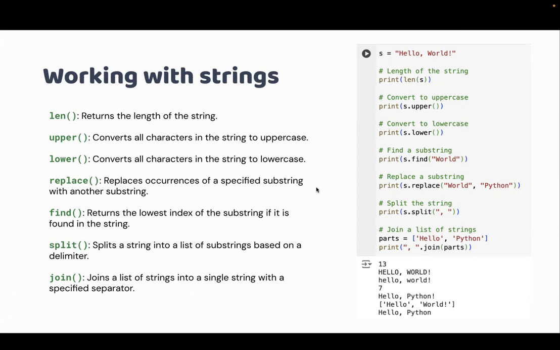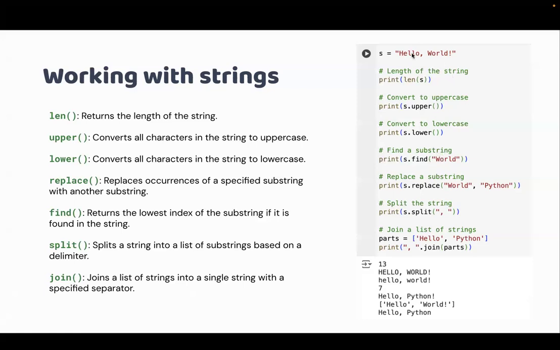And another examples are find and replace. I think I have the find over here first. So if you want to tell what index a character or element in the string is at, we can use find. It will simply return the lowest index of the substring if it's found in the string. If it's not found, I believe it will print out -1.